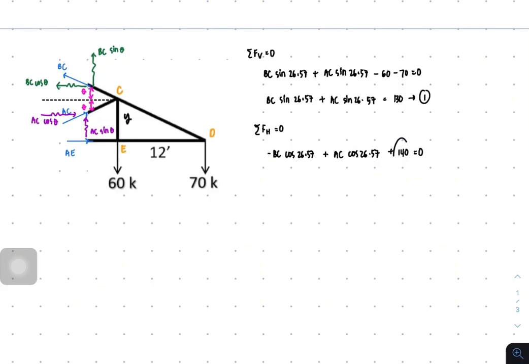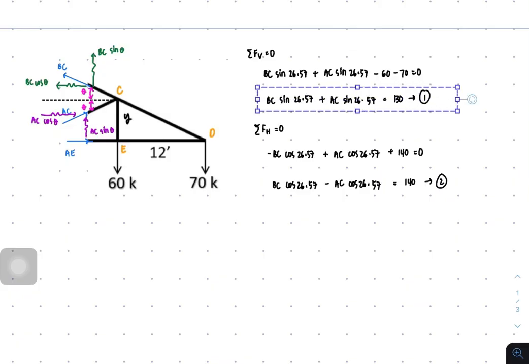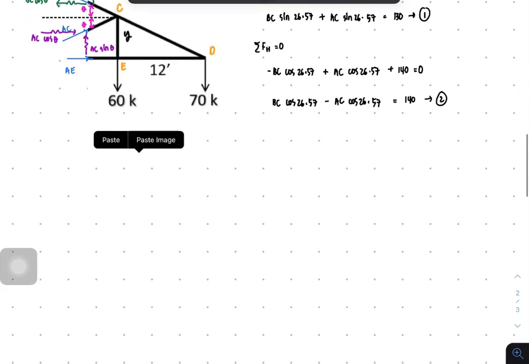So transposing this to the other side, it will become positive BC cosine of 26.57, and then minus AC cosine of 26.57, and that's equal to 140. Equation number 2.